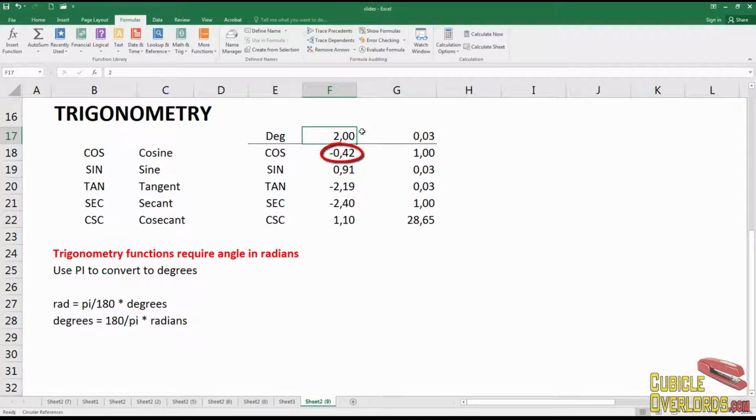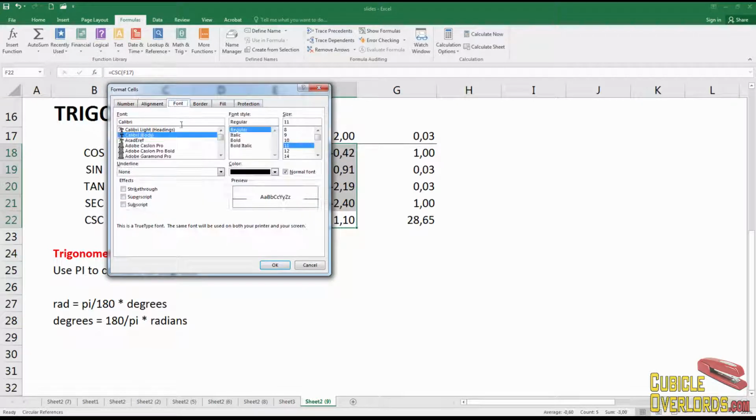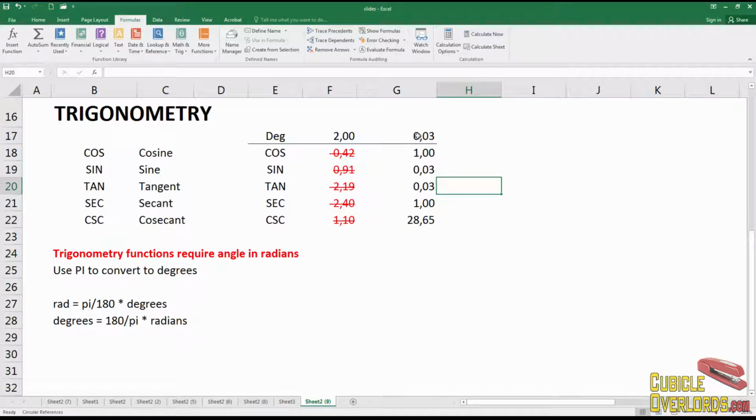My cosine is negative. And that wouldn't seem to make sense. What's the problem? The problem is I'm using degrees and not radians. I need to convert this value to radians for these functions to work correctly. So right here, I'm getting incorrect values. And let me just mark this so that we know that these values are incorrect.